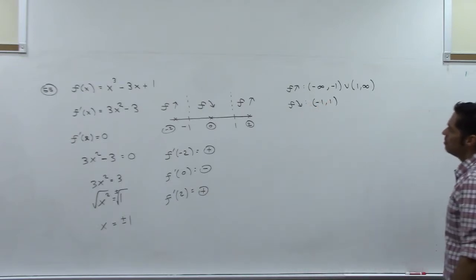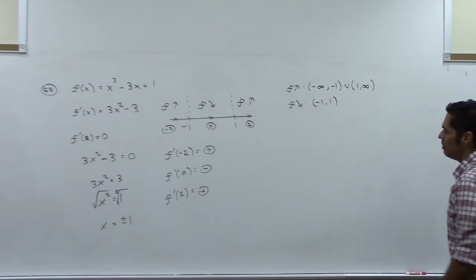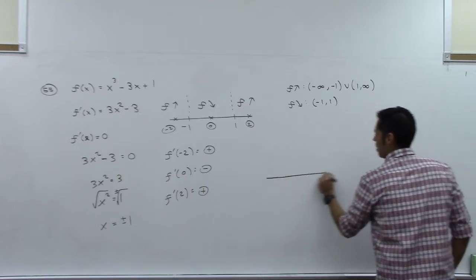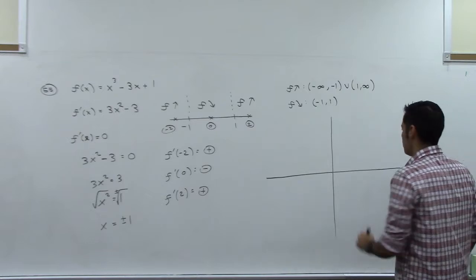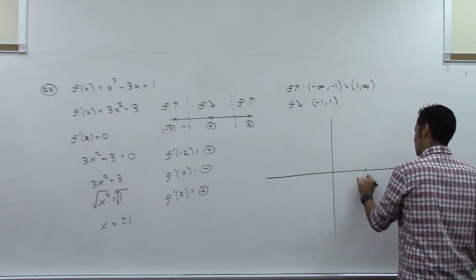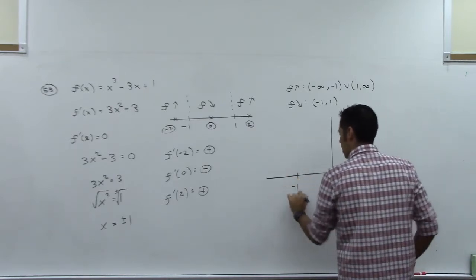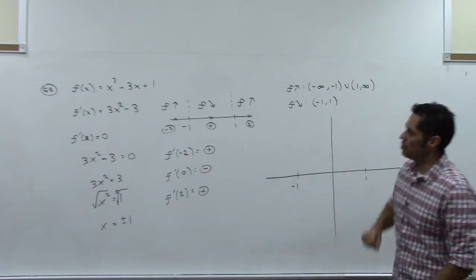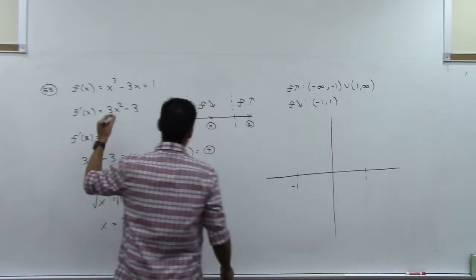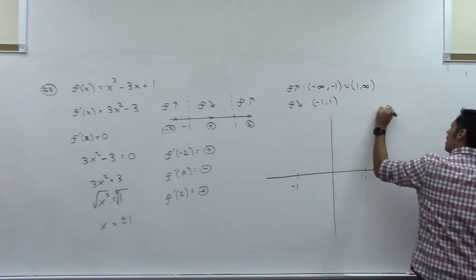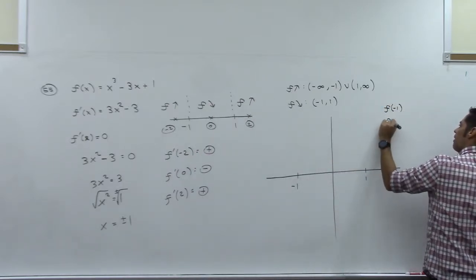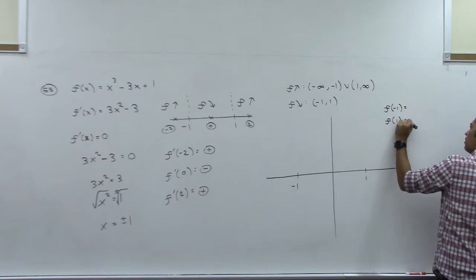And now I'm going to try and draw a graph. Here's my x and y axes. I'm going to take these two critical numbers I had, 1 and negative 1, and plug these numbers into my function. So I'm actually finding f of negative 1 and f of 1, both of those values.